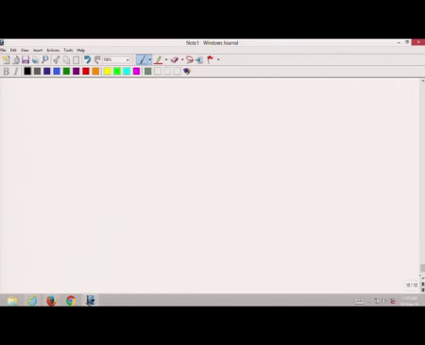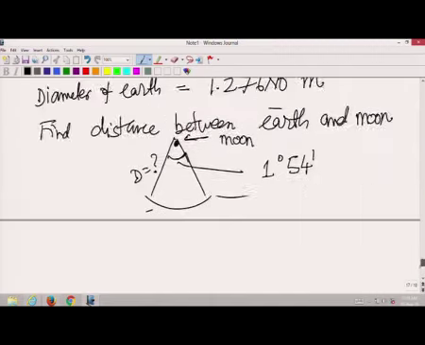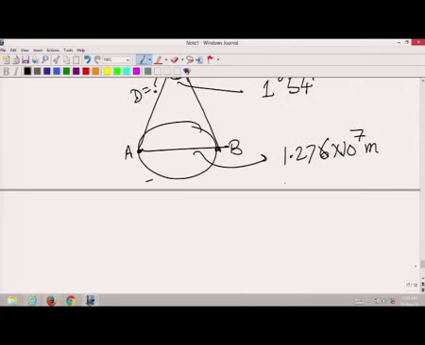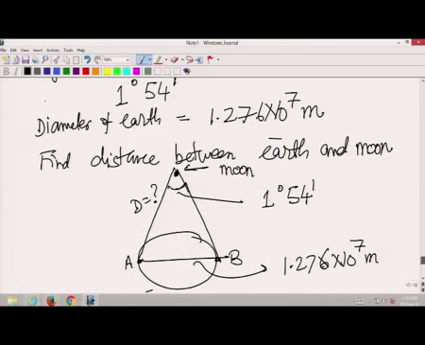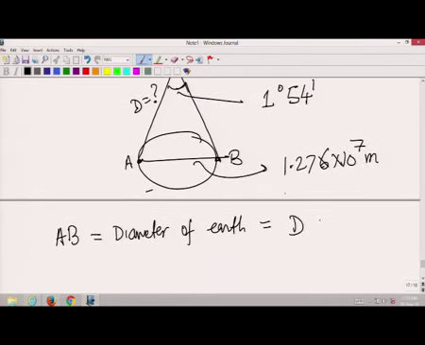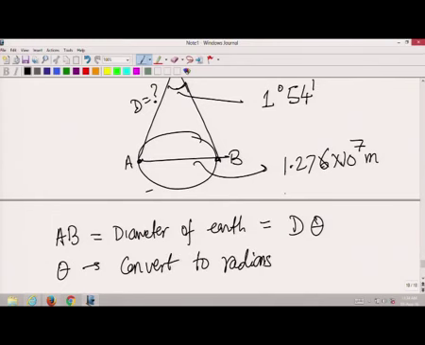So, to solve this problem, you know the arc length AB is equal to radius times theta. Therefore, AB, which is equal to the diameter of earth, is equal to D times the angle theta, where theta is 1 degree 54 minutes, but for you to be proper, the angle theta you have to convert to radians.